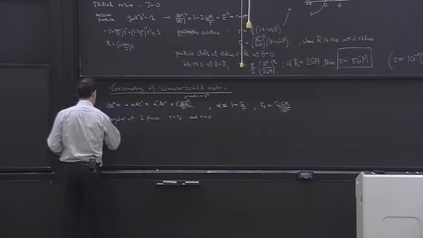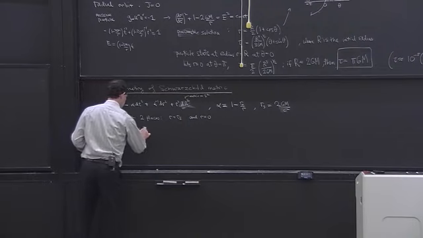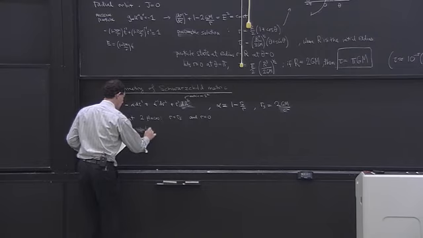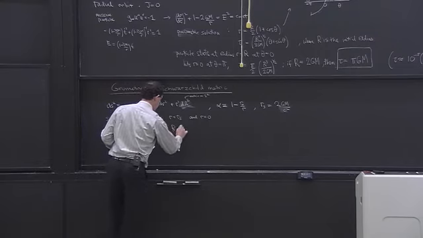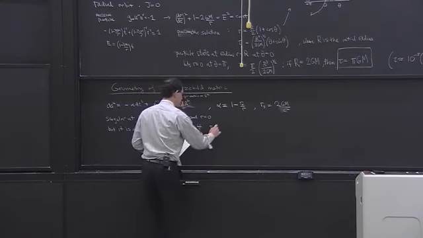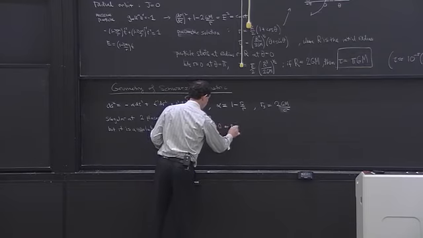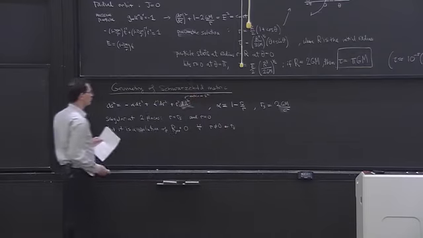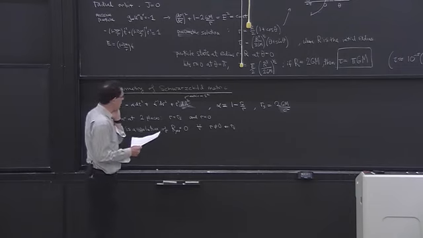But it is a solution of R mu nu equals 0 for all r not equal to 0 or rs. So it's a good solution of the Einstein equation, so we should study it carefully.